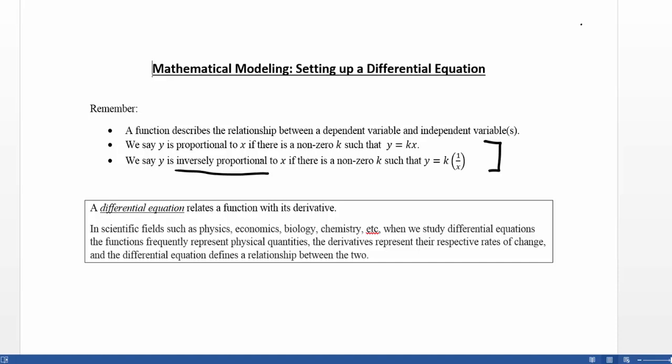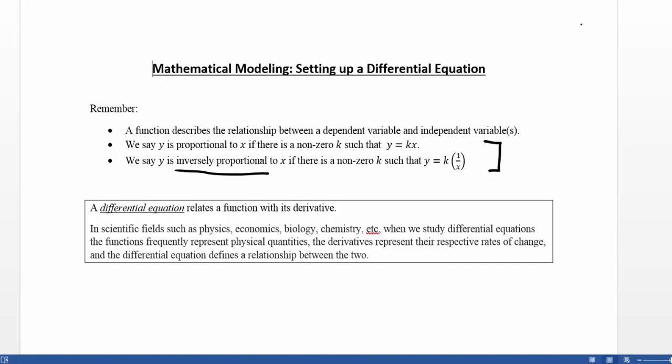In a lot of scientific fields, what's going to happen when we study differential equations is we're going to represent some sort of physical quantity with our function. And then the derivative is going to talk about how that thing is changing over time. And the differential equation is going to be what defines the relationship between the two. So we're going to look at a lot of examples of these.